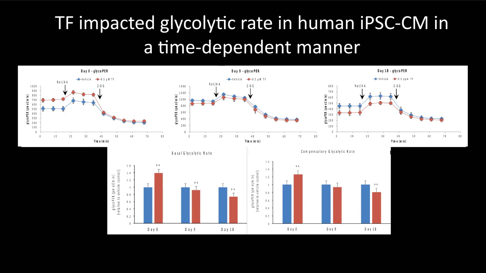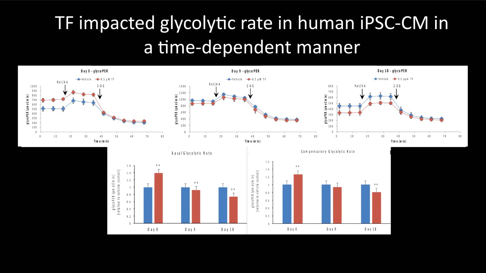These are human fibroblasts that we convert to pluripotent stem cells and then differentiate into fully functional cardiomyocytes. On the far left is day 0, the beginning of differentiation, and it's an approximate 18 to 20 day process.